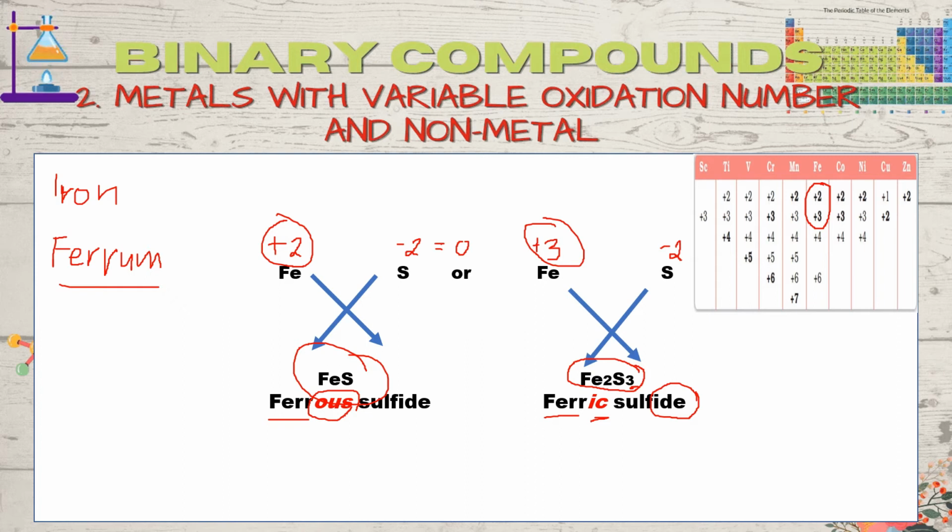So, again, we use the OUS ending if it is lower oxidation number and IC for higher oxidation number. Ang tawag po dito ay classical system. So, if you're going to use the classical system, you're going to use the Latin word and identify if you're going to use the OUS and IC ending. So, again, OUS for lower oxidation number and IC for higher oxidation number.